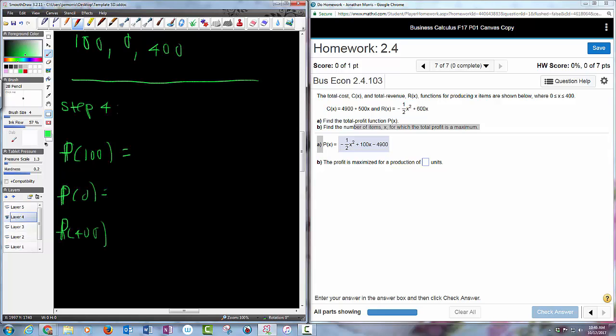But we're just plugging it into the original profit function. So I'm saying negative a half times 100 squared plus 100 times 100 minus 4,900.